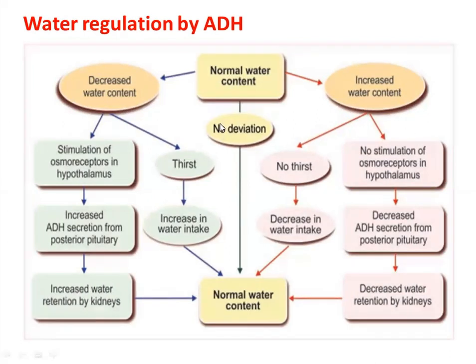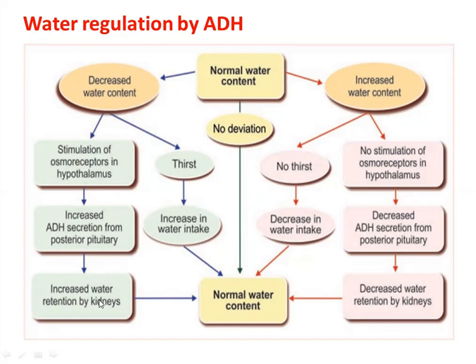When the water content decreases, there is stimulation of the osmoreceptors in the hypothalamus. This hypothalamus increases the ADH secretion and releases the ADH hormone from the posterior pituitary gland.